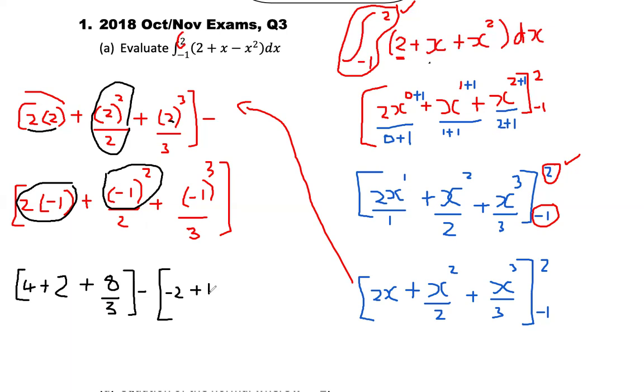So once we have a positive 1, it must be divided by 2. This 2 here is the one I've written at the bottom. Meaning whatever you find on top, divide by 2, and this is what I've done.